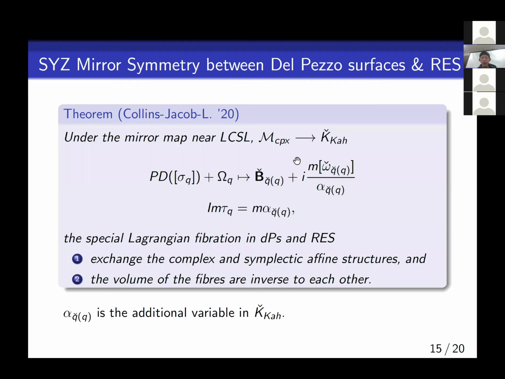Recall that for the rational surface with an I_D fiber, there's a Torelli theorem of Gross, Hacking, and Keel. You can pin down the complex structure by looking at the periods.